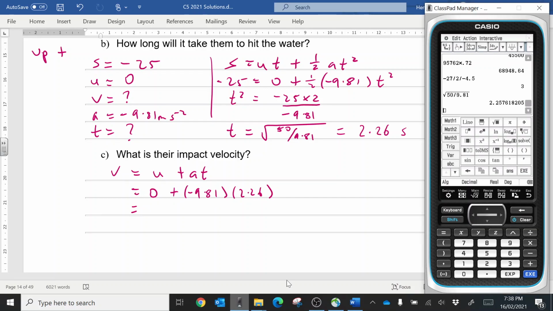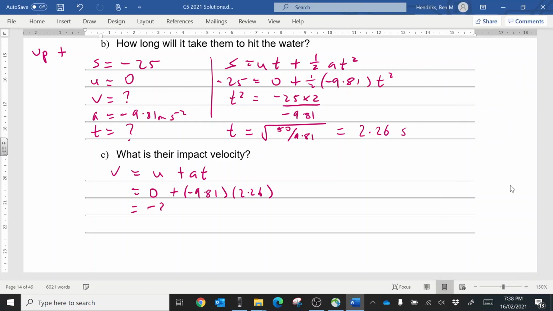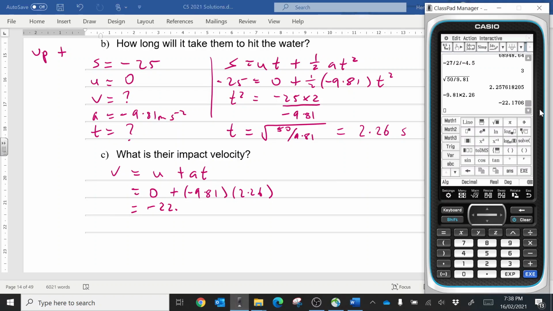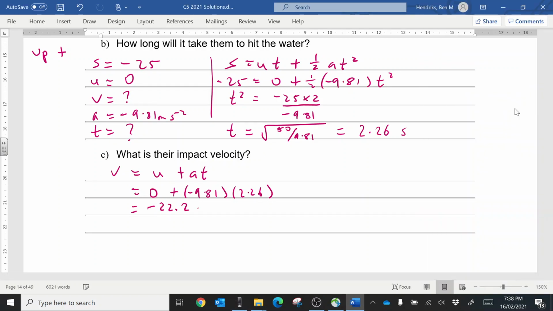Let's get our calculator out. Negative 9.81 times 2.26 is equal to negative 22.2, and that's in meters per second, just meters per second. And because that's negative, that's in the up direction being positive, so it's equal to positive 22.2 meters per second down.